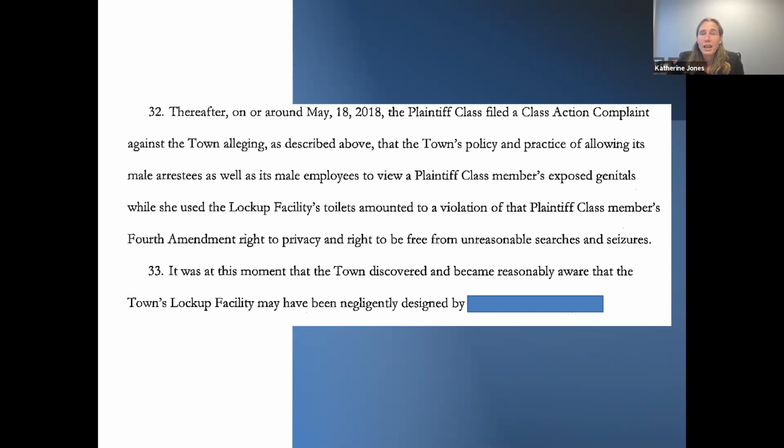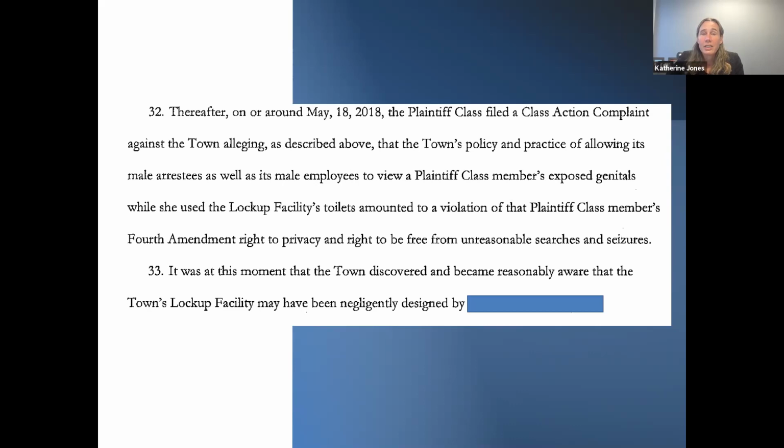And they needed to design that facility in such a manner that nobody could view that prisoner pre-arraignment. After they're arraigned, there was no argument that the design was inadequate. But the argument was that because there were prisoners in there that hadn't been arraigned, they had a higher right to privacy than the typical prisoner.